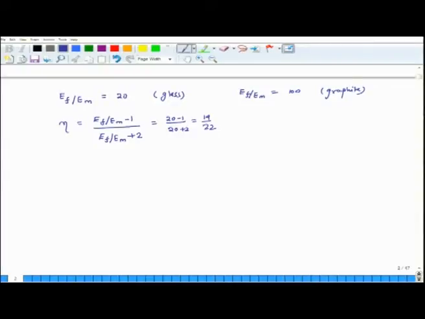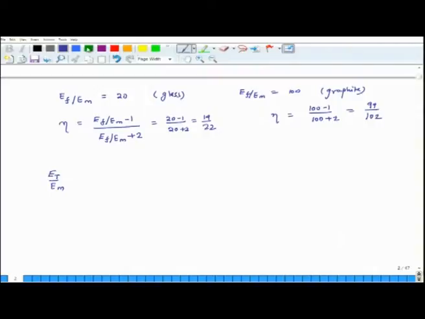And for the graphite system, this works out to be 100 minus 1 divided by 100 plus 2, that is 99 divided by 102.